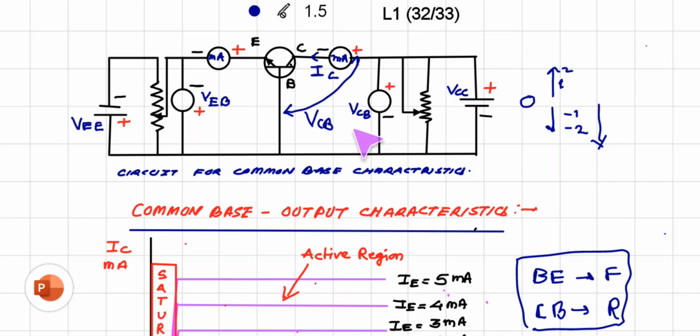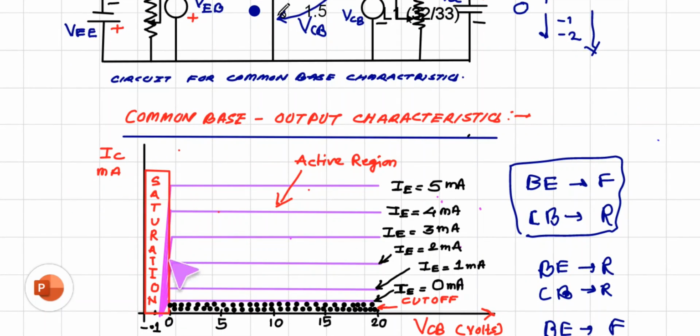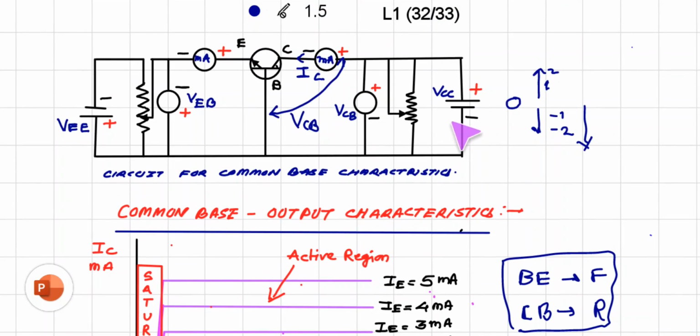Note that presently it is reverse bias at 0 volt. If we increase 1, 2, 3, 4 volt, it will still be reverse bias. But if we decrease below 0, the polarity is reversed and it will become forward bias. See here, this is the 0 volt line, and this is negative voltage. Negative voltage means the battery will act with the negative and positive reversed, and this junction will become forward bias.